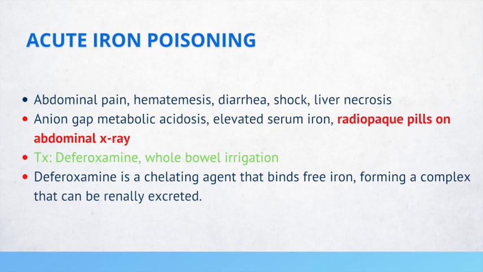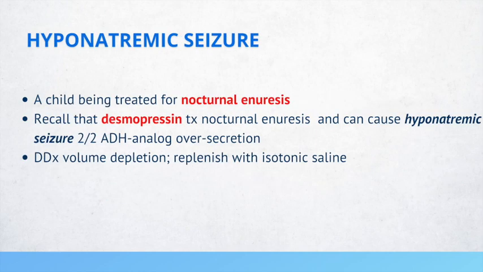Hyponatremic seizures. You want to consider this condition in a child that is being treated for nocturnal enuresis. Recall that desmopressin is used to treat nocturnal enuresis, and this can cause hyponatremic seizures secondary to ADH analog oversecretion.